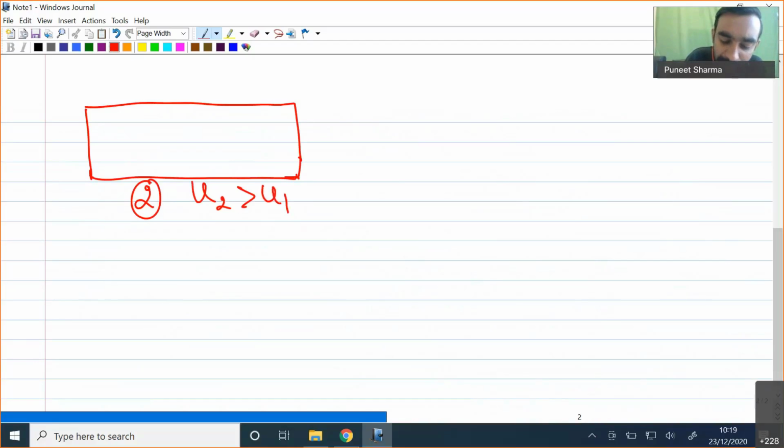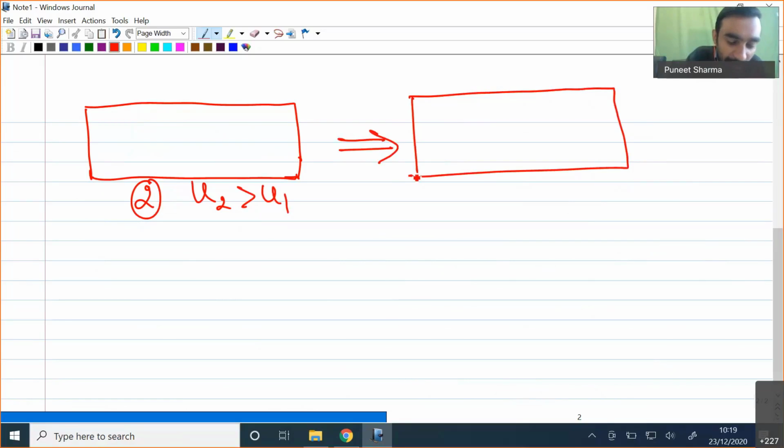Now if I have to go back to state 1, I have to do a certain process. I will transfer some amount of heat outside the system. So instead of an adiabatic wall, I will take a diathermic wall, a wall which can interact heat with its surroundings. I will send Q amount of heat to the surroundings, and that Q will be equivalent to mgh.